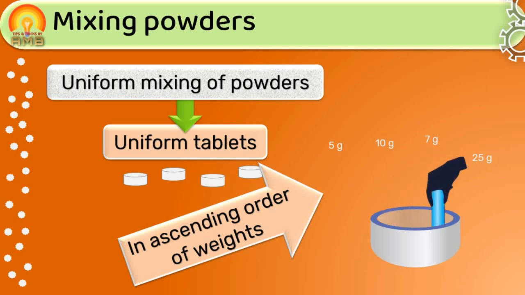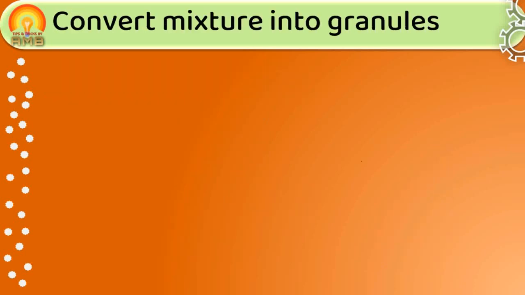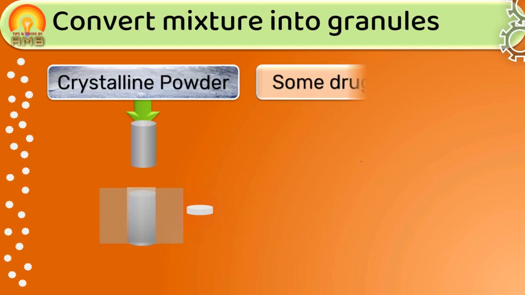The next important part is converting powder mixture into the granules. If medicament is crystalline or readily compressible, such medicaments can be directly compressed to form tablets. The material which forms hard compact mass without chipping under applied pressure is called as readily compressible material. But some of the drugs are not easily compressible.